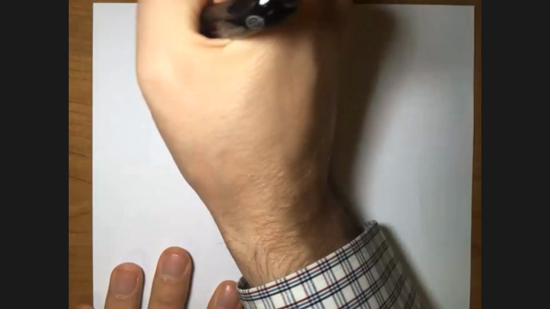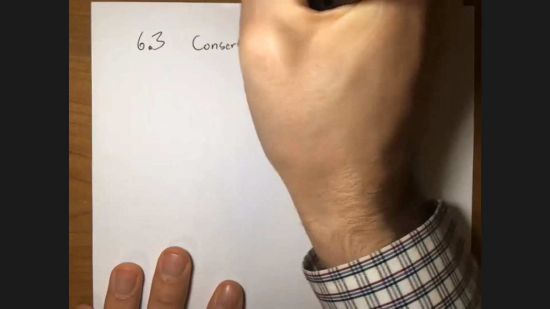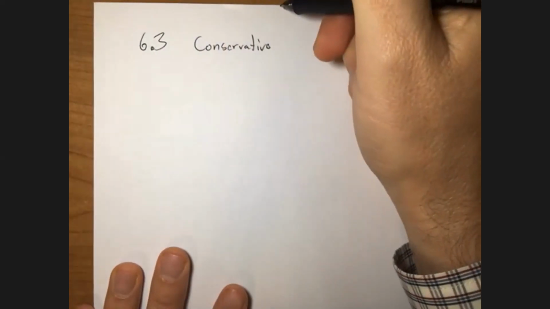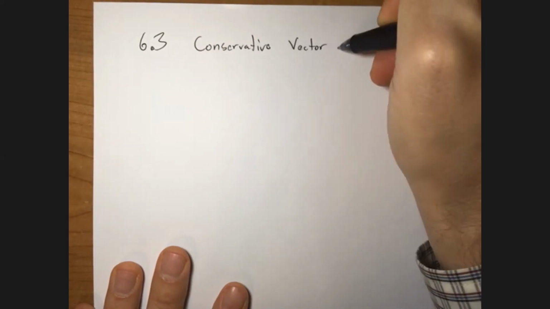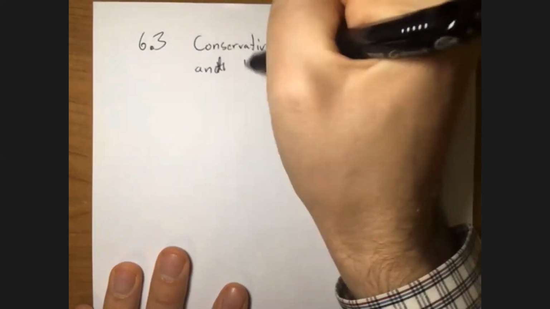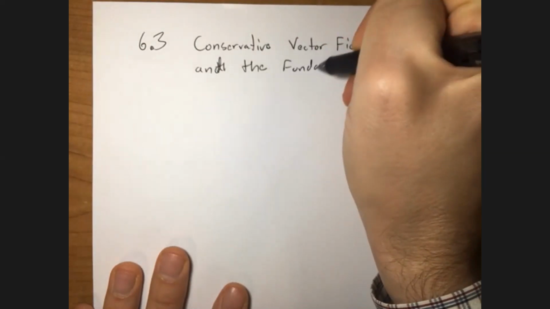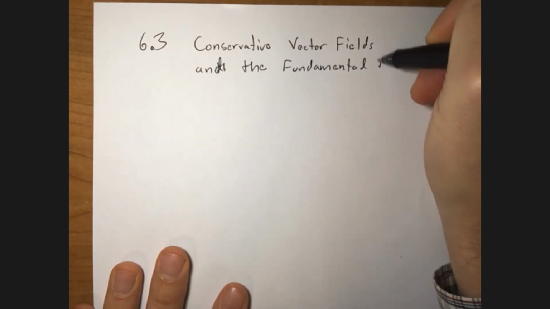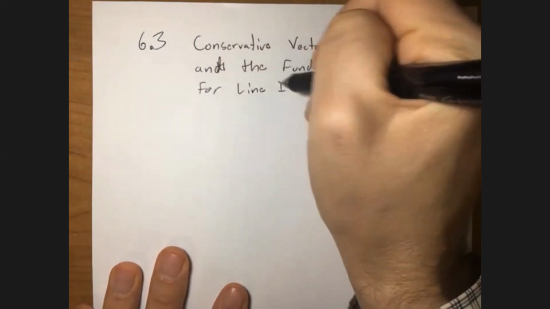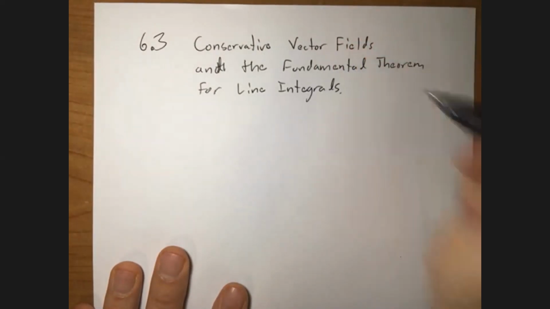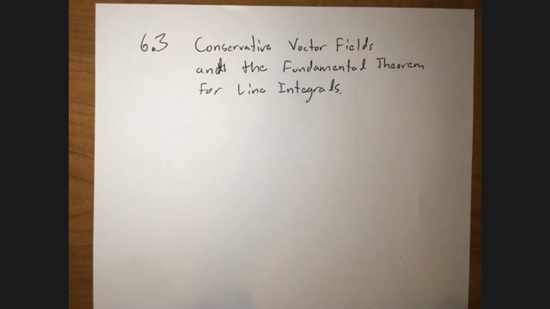So what came next? Well, we came to section 6.3. Section 6.3 was about conservative vector fields and the fundamental theorem for line integrals.